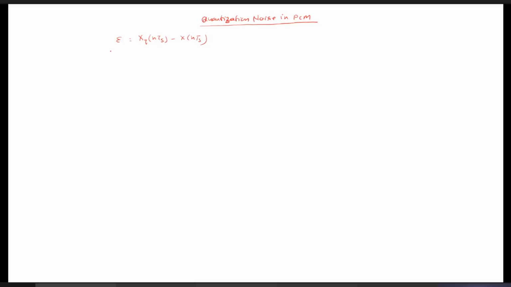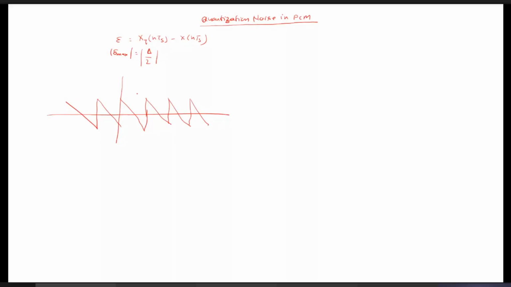The maximum value of this epsilon, we have seen in the case of uniform quantizers, is delta by 2. I'm just showing you the characteristics so that you can recall them.